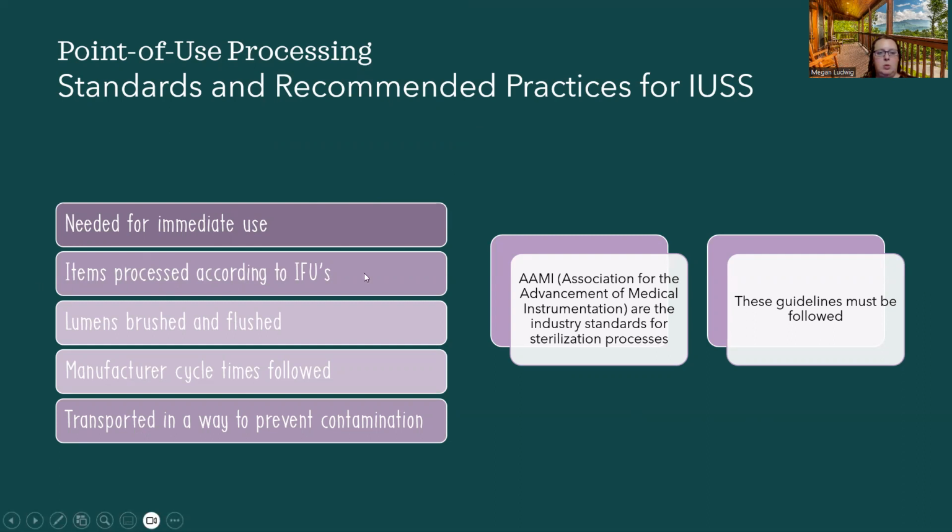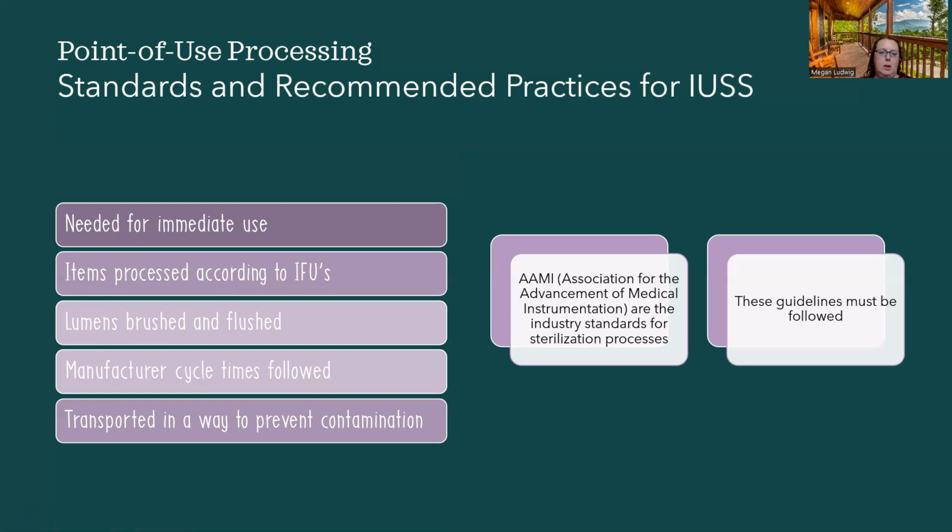The different instruments will be sterilized or IUSS'd differently. For example, a lumen has to be brushed and flushed. It's a fun rhyme. Versus a hemostat, there's obviously nothing there to flush, and it will have a different time cycle as well because of the lumen versus a non-lumen. Manufacturer cycle times are followed.